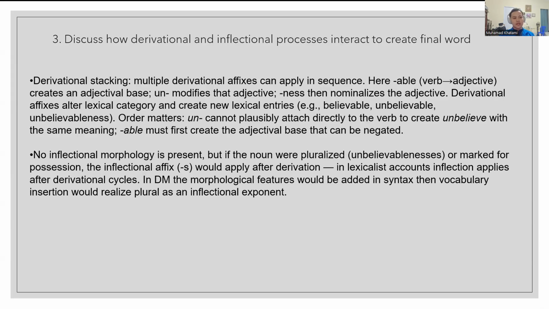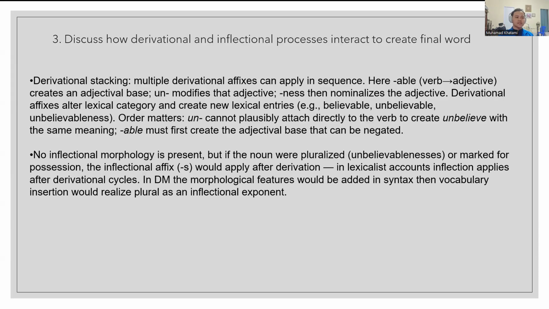Now, derivational stacking. Multiple derivational affixes can apply in sequence. Here, the suffix able, verb to adjective, creates an adjectival base, un modifies that adjective, and the suffix ness then nominalizes the adjective.